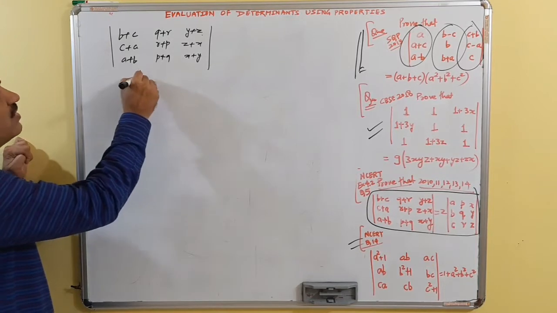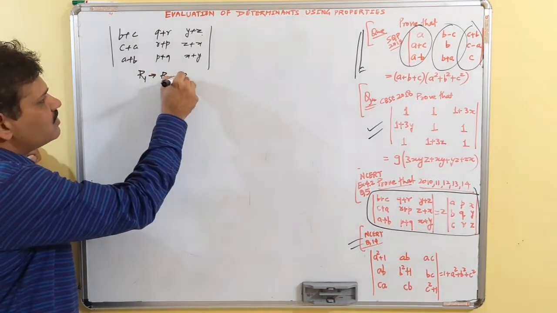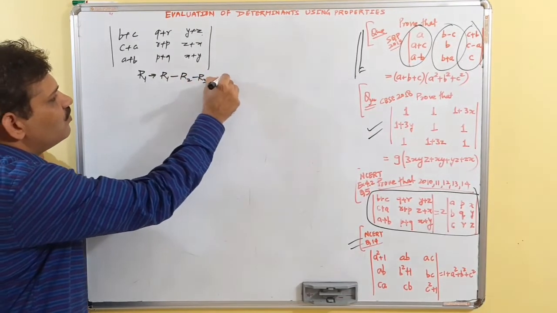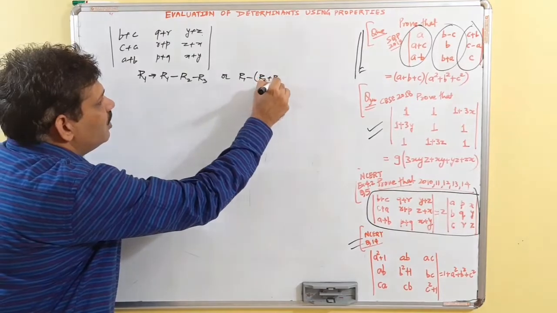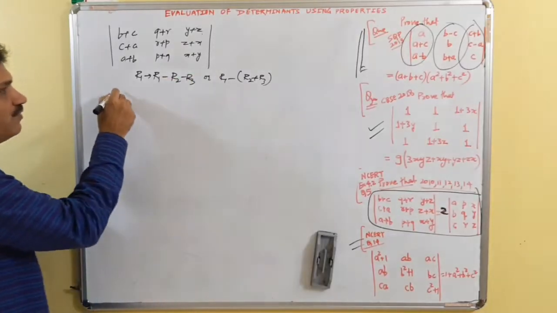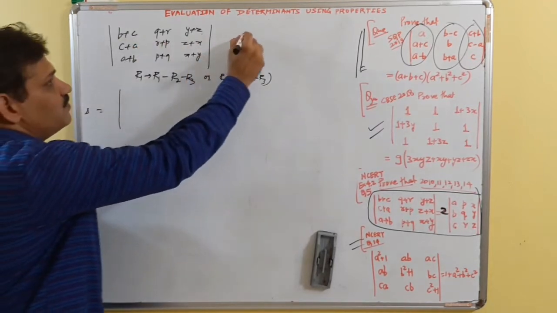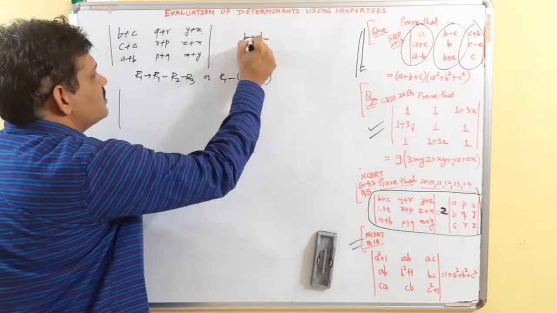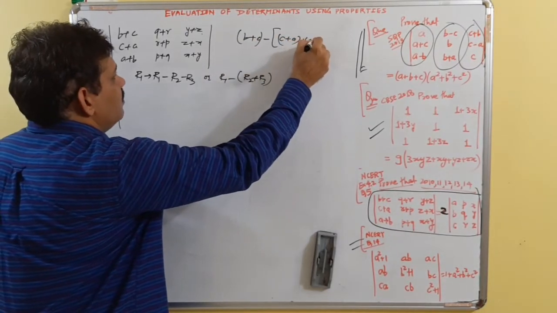So what we do is R1 now becomes R1 minus R2 minus R3, or what we call R1 minus the sum of R2 and R3. So what we find is, our delta is B plus C minus (C plus A) minus (A plus B).